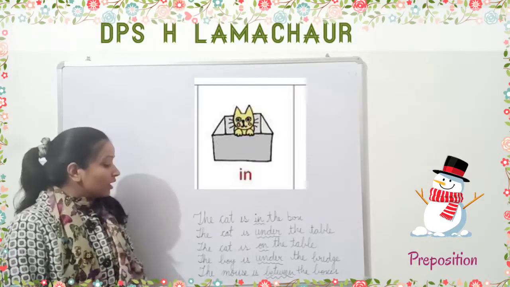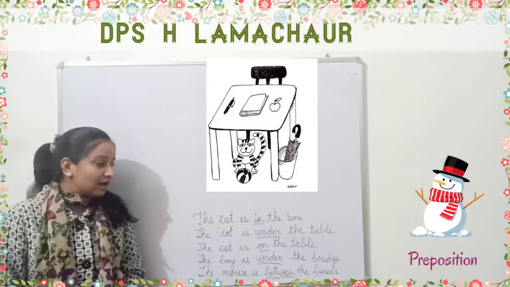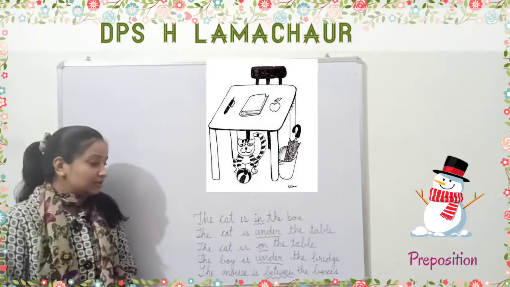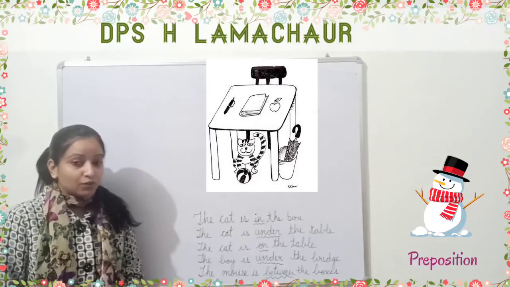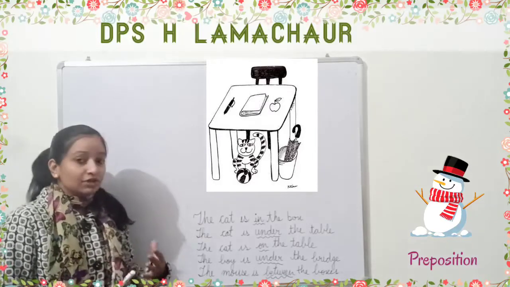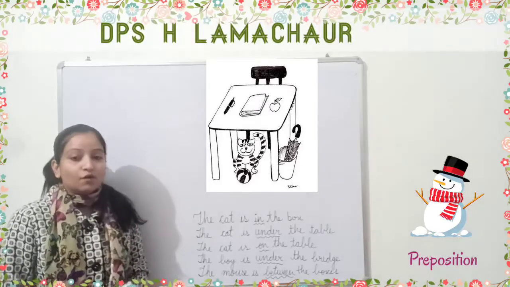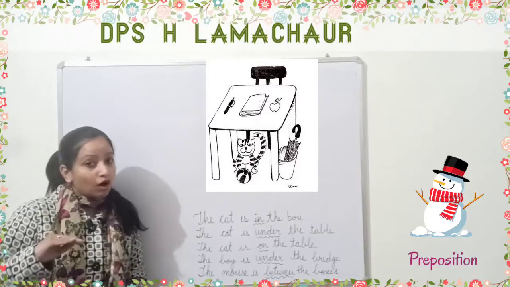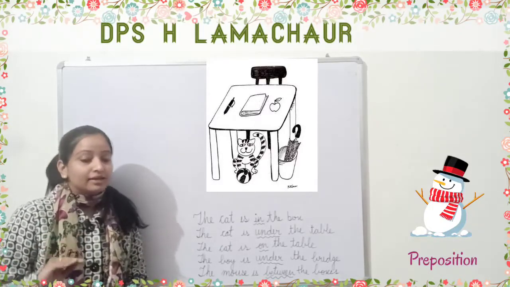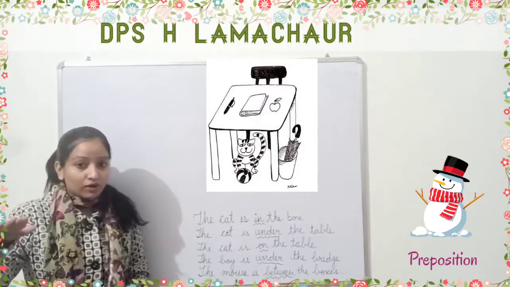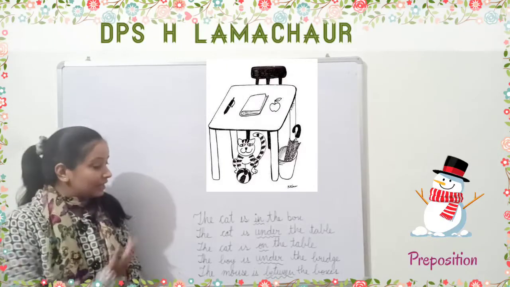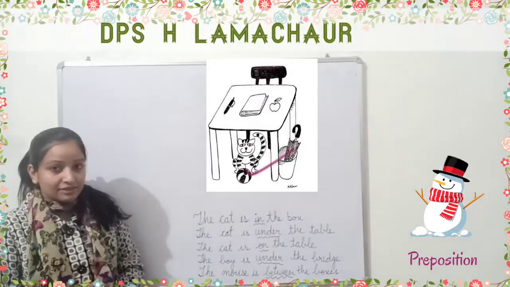Next is the cat is under the table. Here the preposition is under. We know that we use preposition under when something is below something else and that thing is covering the particular thing. Like here you can see, where is the cat?